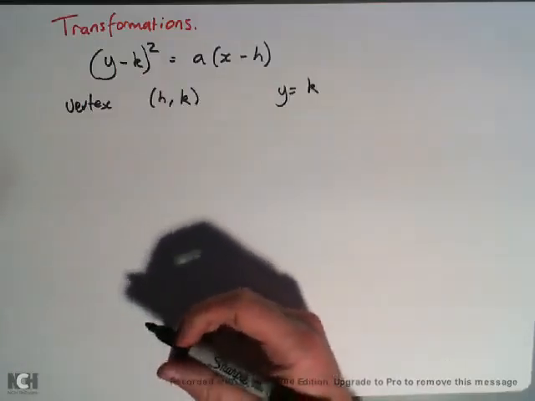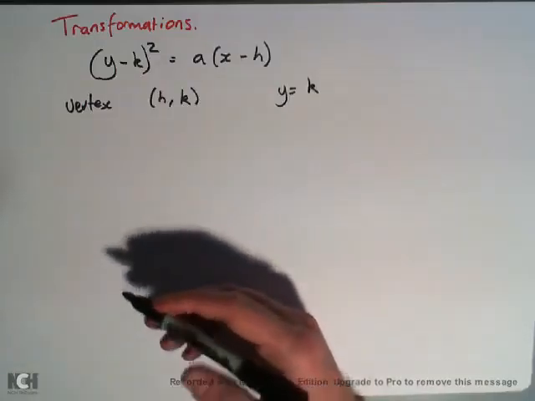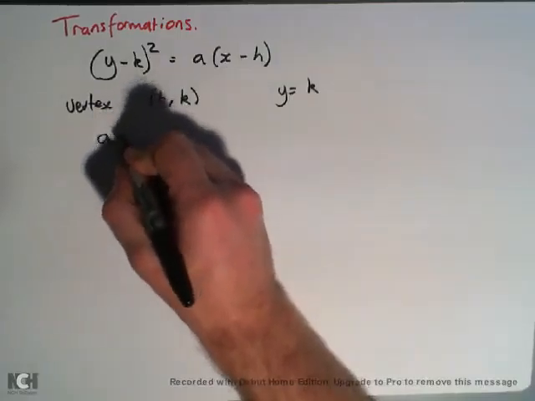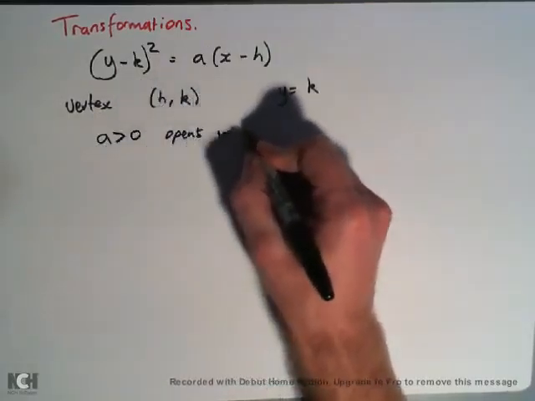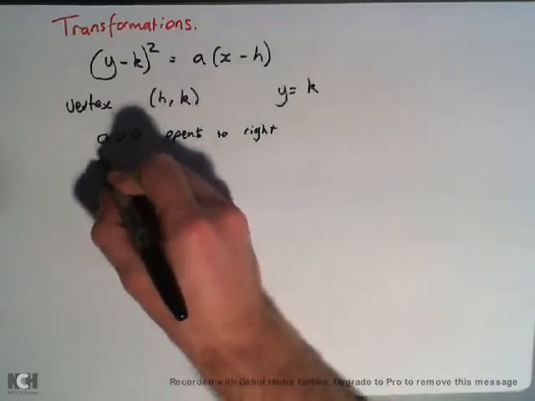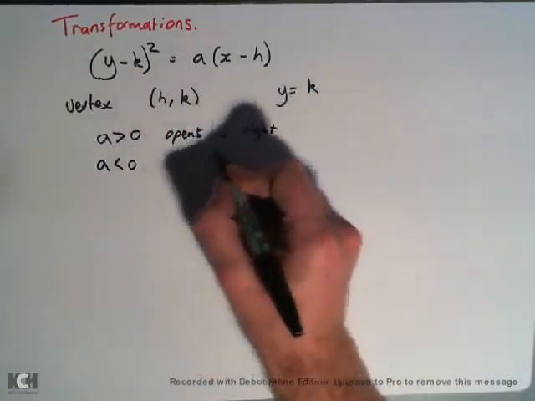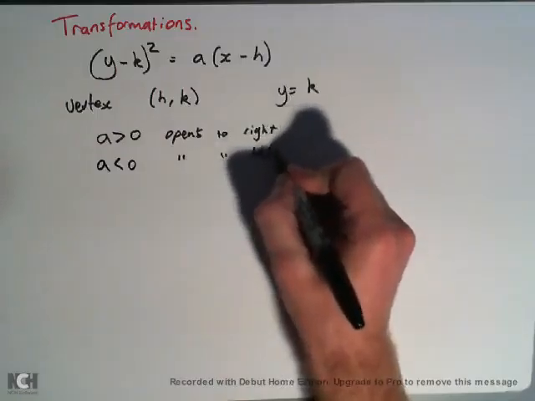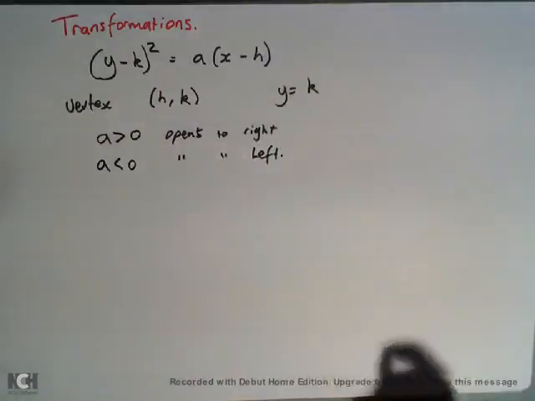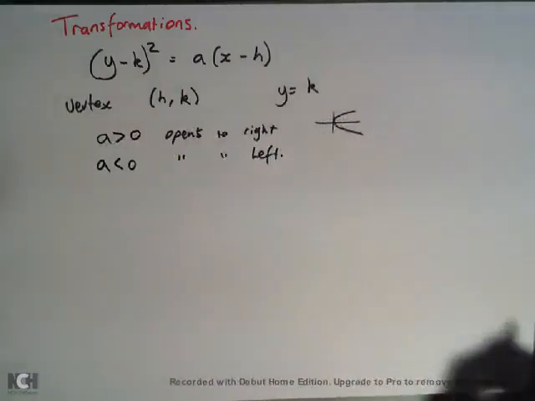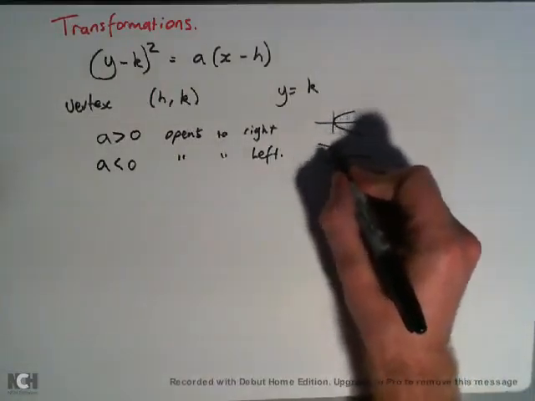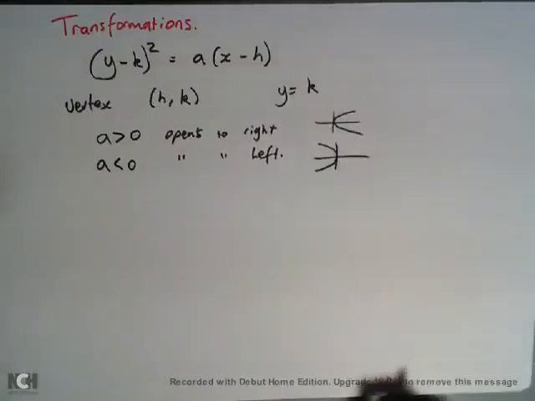If we have a greater than 0, the graph opens to the right. A less than 0 opens to the left. A greater than 0 is going to be like that, less than 0 like that. There's always one x-intercept.